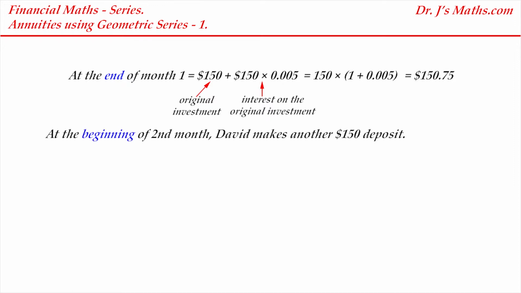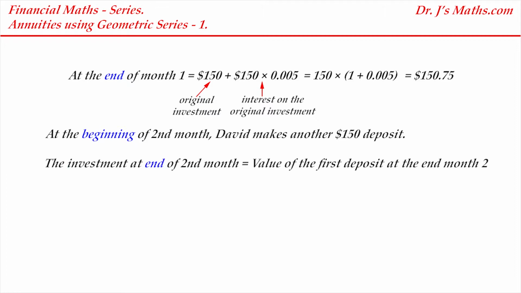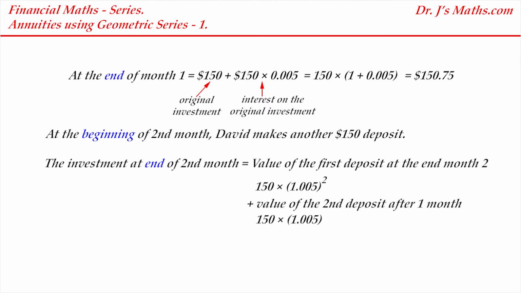Now at the beginning of the second month, David makes another $150 deposit. So the investment at the end of the second month is going to be the value of his first deposit at the end of month 2, which is $150 times the 1.005, times the 1.005 again for the second month, which we can shorten to 150 times 1.005 squared, plus the value of his second deposit after 1 month, which is just like the first one, 150 times 1.005.